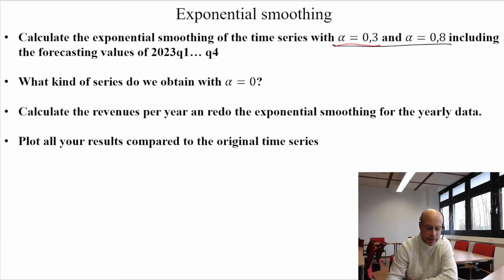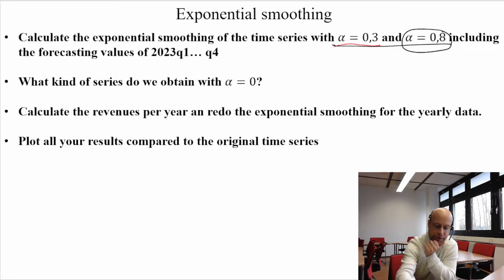And this of course means the higher we use the alpha to be in the neighborhood of 1, the more we focus on the latest data.